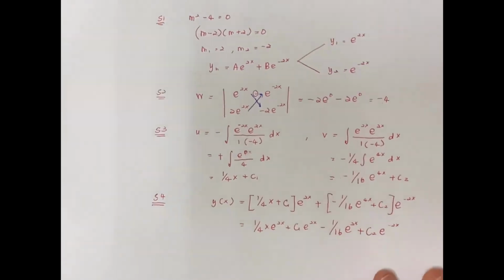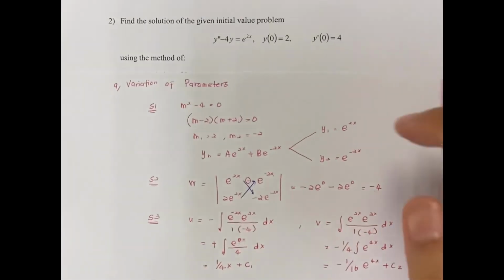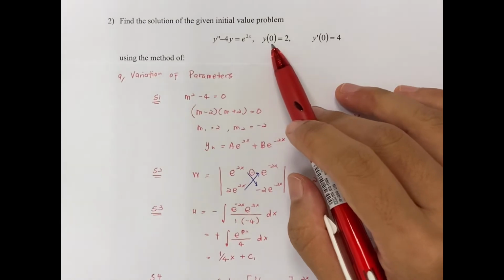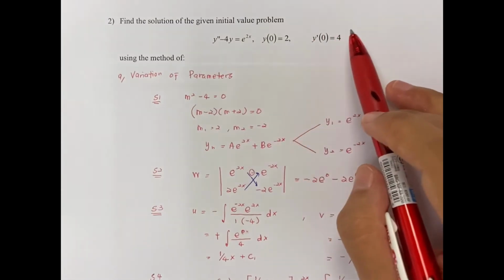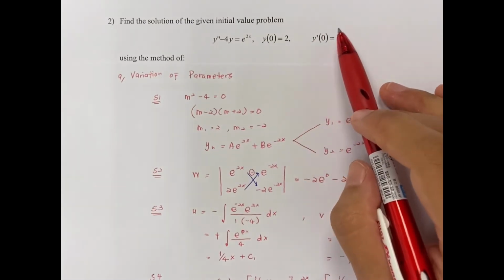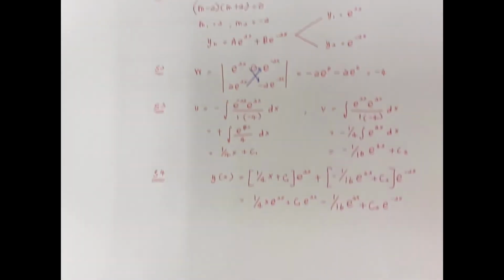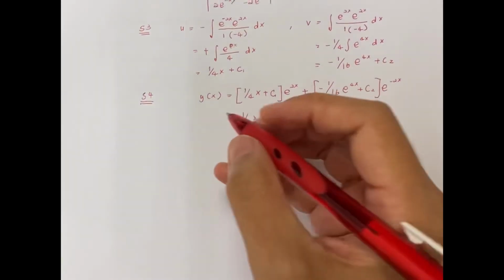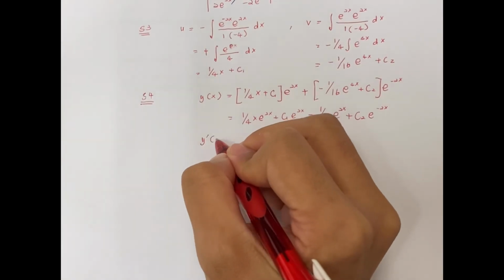Okay, since this is an initial value problem, you have y0 equal to 2 and y prime 0 equal to 4. So you need to find what is your y prime. So from yx, find what is your y prime x.